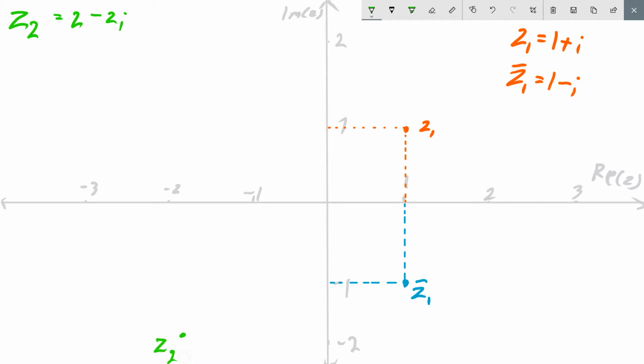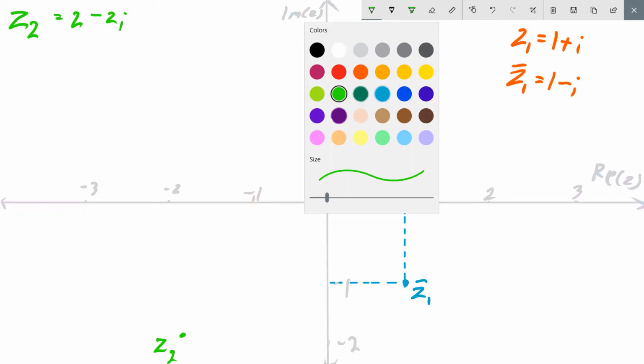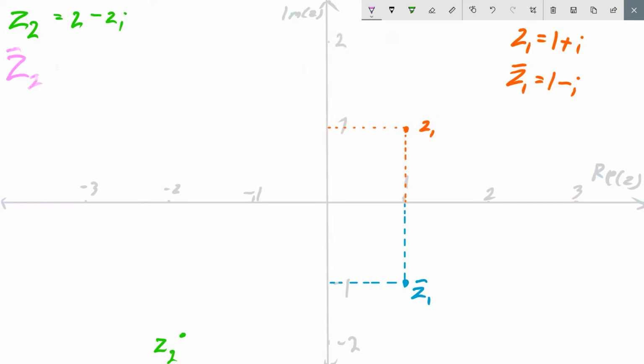So if I wanted the conjugate of Z2, what does that equal? It's going to be 2 plus 2i. So that's going to be going up about here-ish. So this is Z2 conjugate.